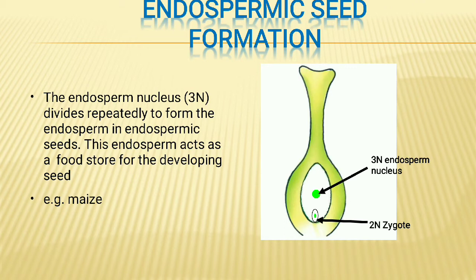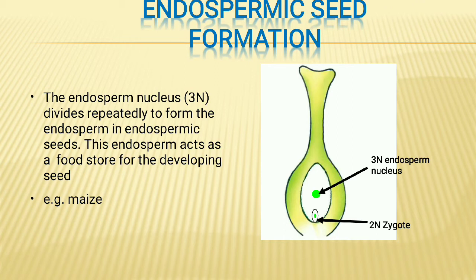For example, maize. In maize or corn, what we eat, if you look at the maize seed practically, the upper yellow part, which is very bulky and juicy, what we like to eat, that part is nothing but endosperm. When you squeeze it, an oval shaped structure you get.